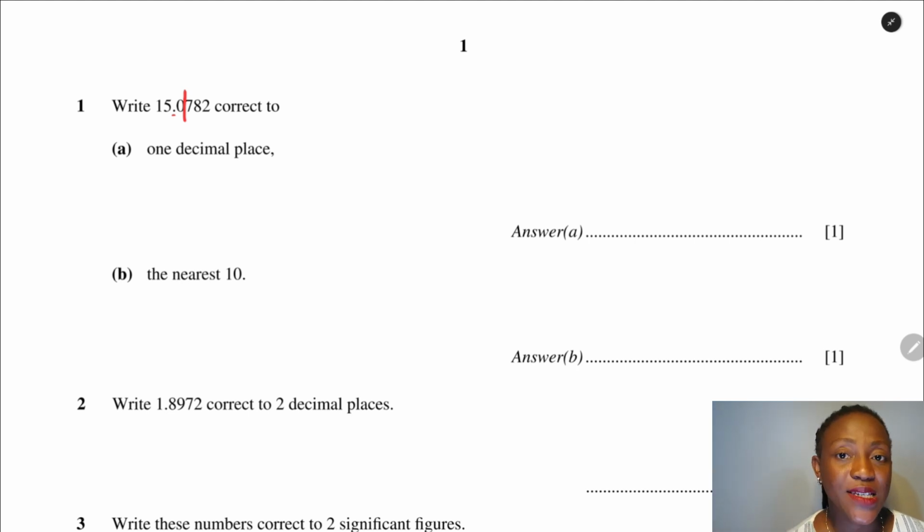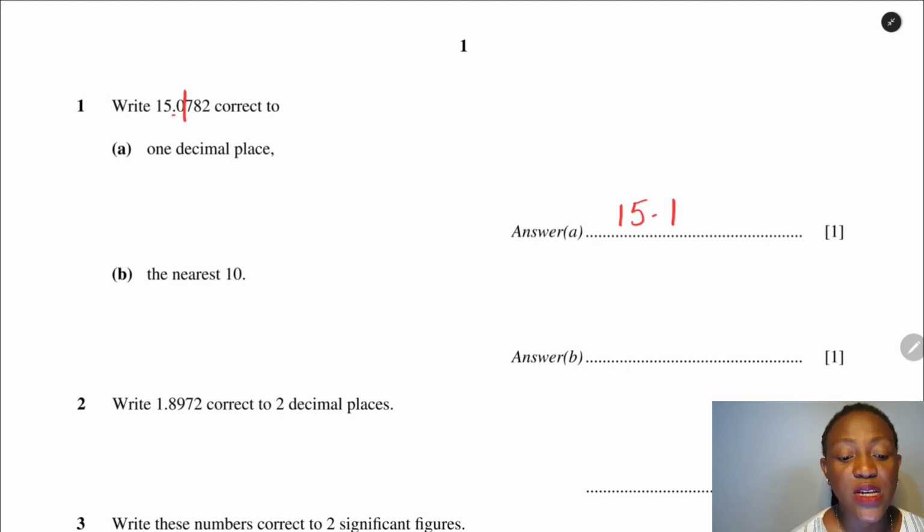If it is less than 5, that is 4 or less, you round down. In this case, it's 7, so we round up. So rounding this number to one decimal place is going to be 15.1.